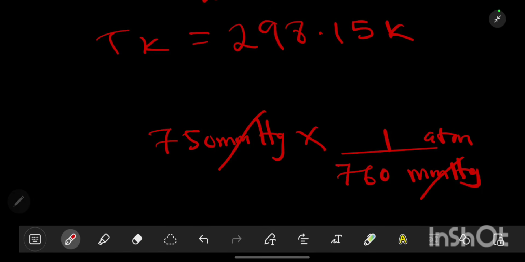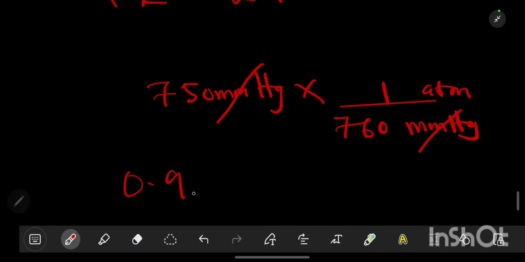This and this cancel. We are going to have 750 divided by 760. This is going to give us 0.9868 atm. This will be our pressure in atm.